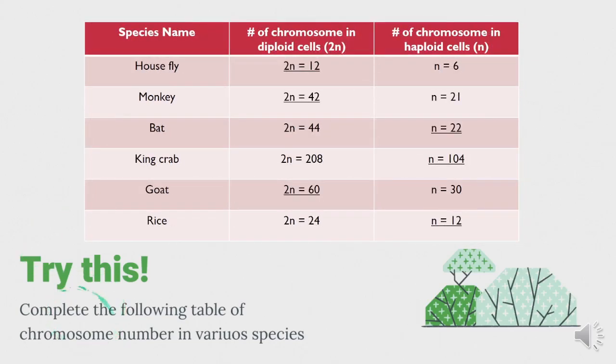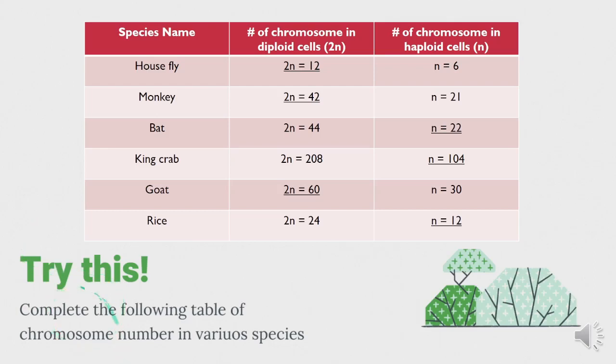Let us see. In housefly, the number of chromosomes in diploid cells is 12, and in haploid cells is 6. In monkey, the number of chromosomes in diploid cells is 42, and in haploid cells is 21. In bat, the diploid number is 44, and the haploid number is 22.